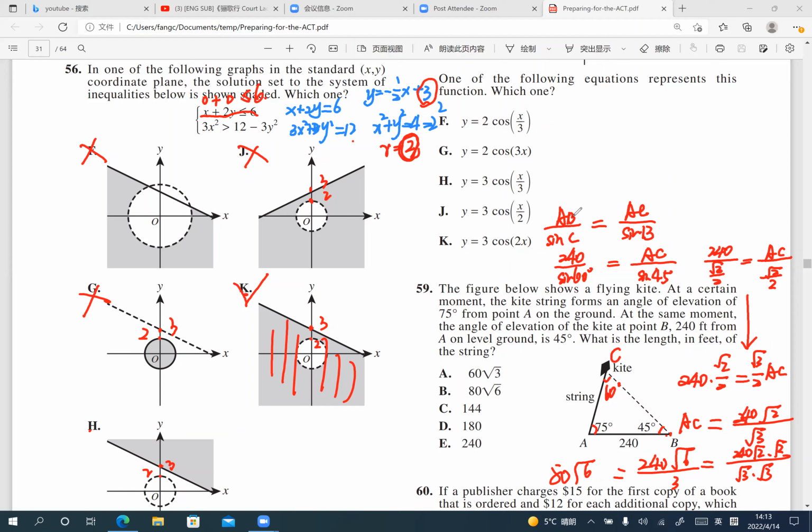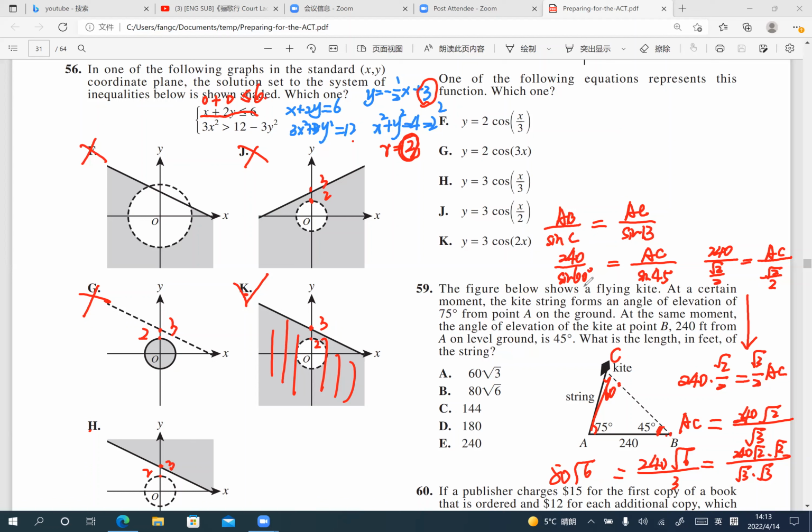According to the sine law, AB divided by sine C should be equal to AC divided by sine B. AB is 240 and C is 60 degrees.